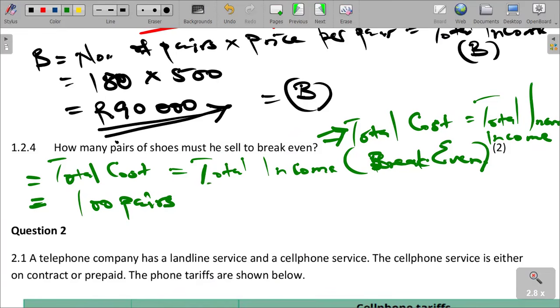100 pairs, which we can prove to say at 100 pairs, total income, how much income can he make? We say total income is price per pair, 500, multiplied by 100.